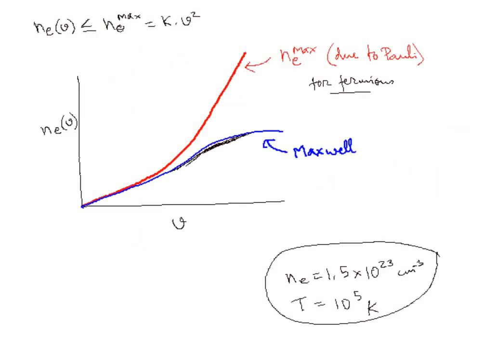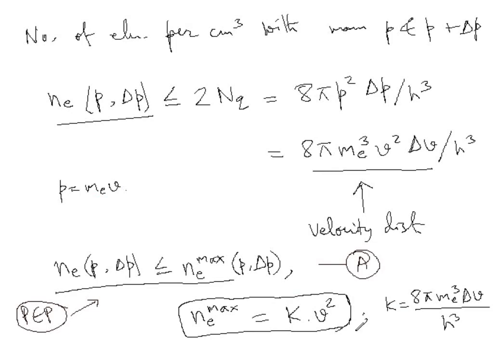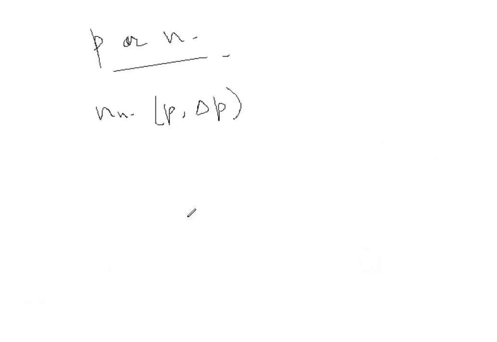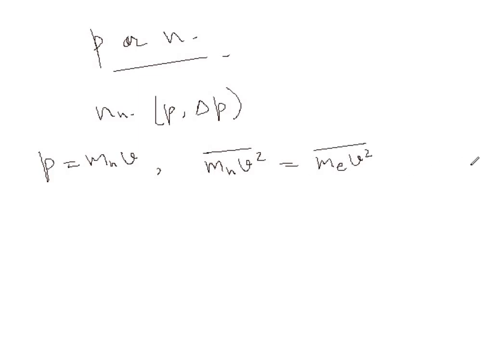Here p is equal to mn times v, and mn v squared average is equal to me v squared average for equal temperature in a non-degenerate gas.